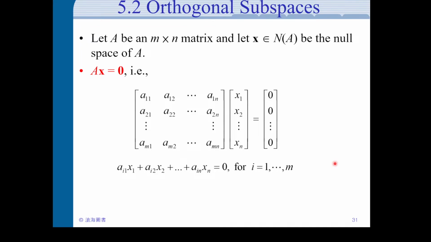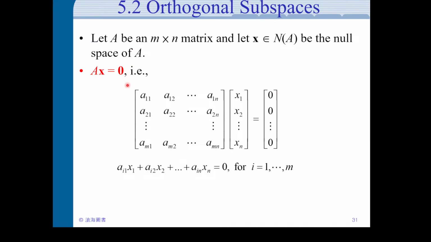Here is an example that has a lot of properties around it, and it's the example we care most about. Think of A as an n by n matrix, and think about the null vectors of A. If x is in the null space of A, then Ax equals 0.